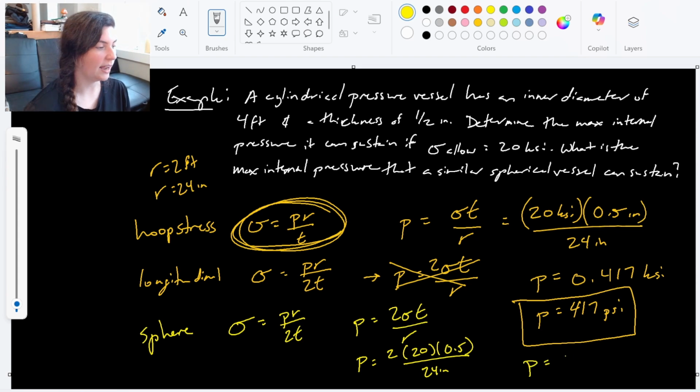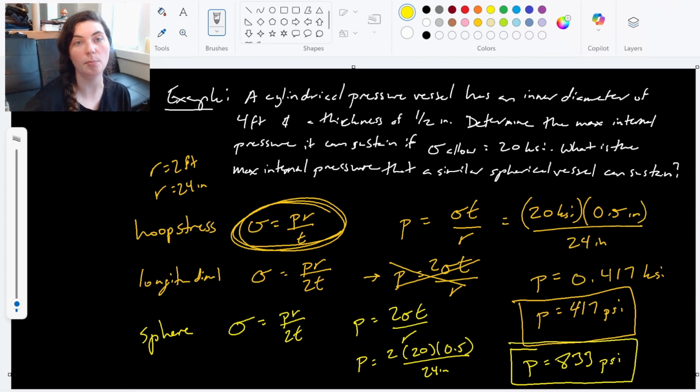We could have twice as much pressure in a sphere than we could in a cylinder. We could pump that up to 833 psi rather than be limited at 417 if we had a spherical vessel.